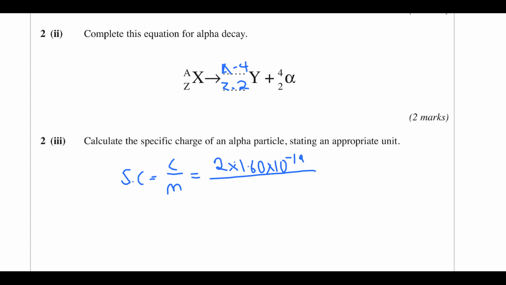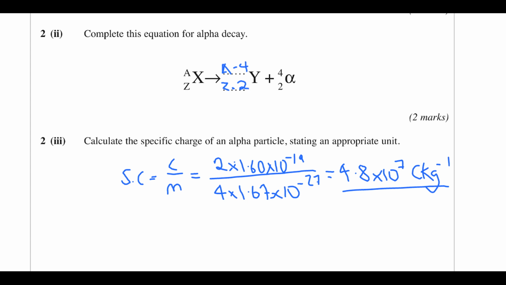That's the charge divided by 4 times 1.67 times 10 to the minus 27. That's the mass of an alpha particle. Once we do that calculation, we end up with 4.8 times 10 to the 7 coulombs per kilogram, because it's charge divided by mass. So that shouldn't be too surprising as the unit.